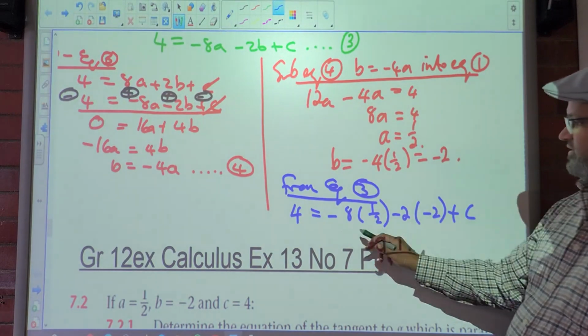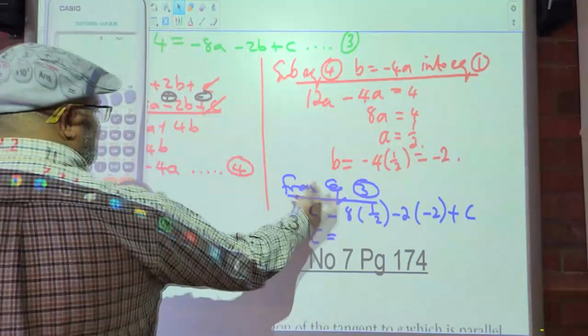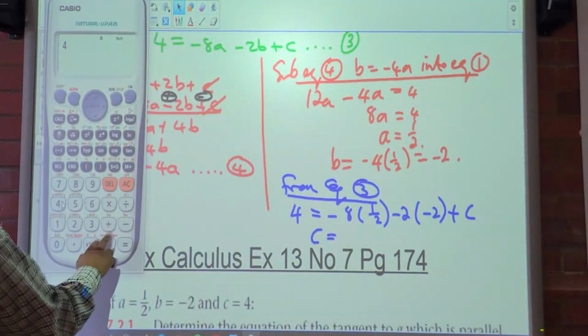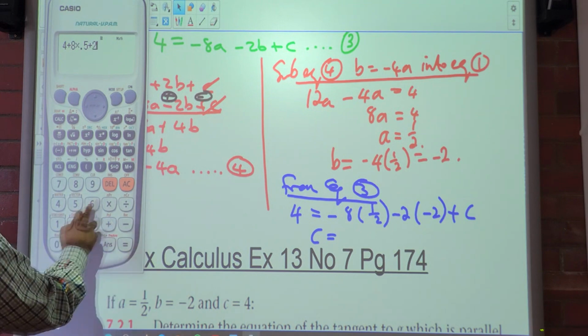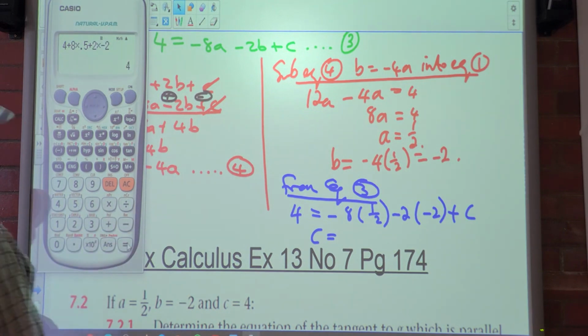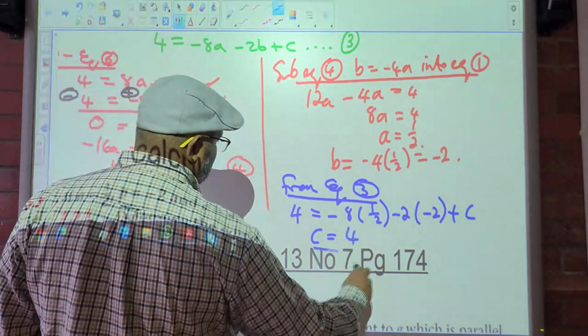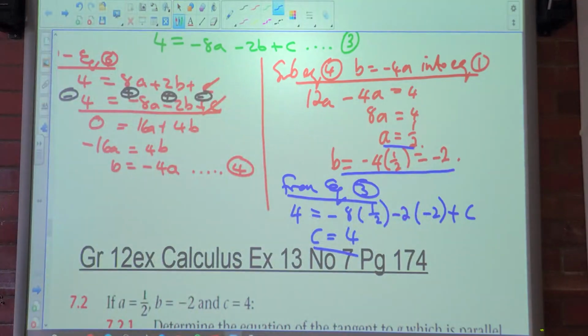I'm calculating c now. So c is equal to, calculator, remember it's not going over the equal sign, so it's 4 plus 8 times a half, plus 2 times negative 2. You get a c value of 4. There's your a value, b value, and your c value.